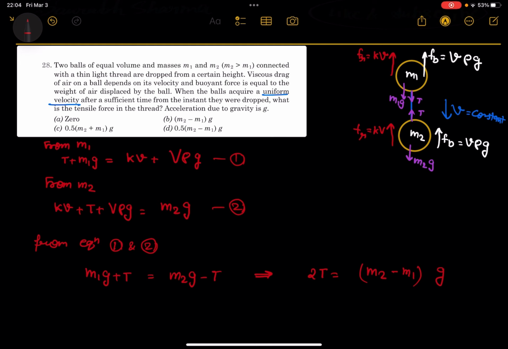So T is equal to 0.5 times (m2 minus m1) times g.